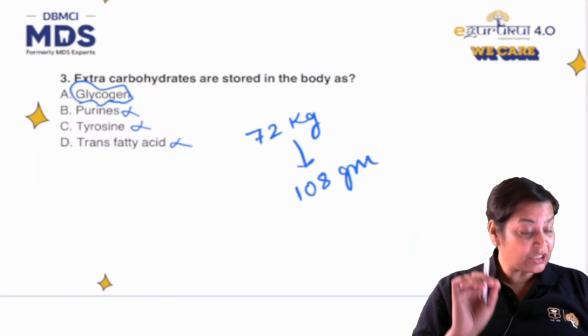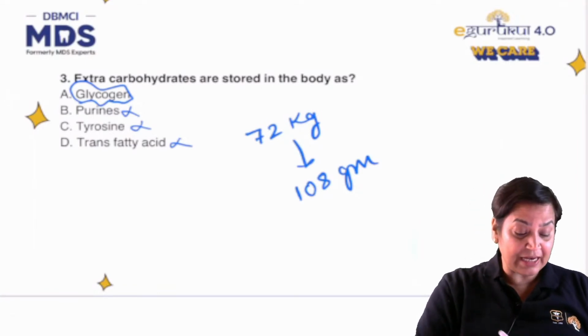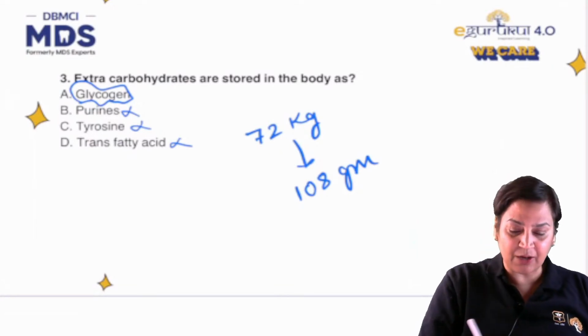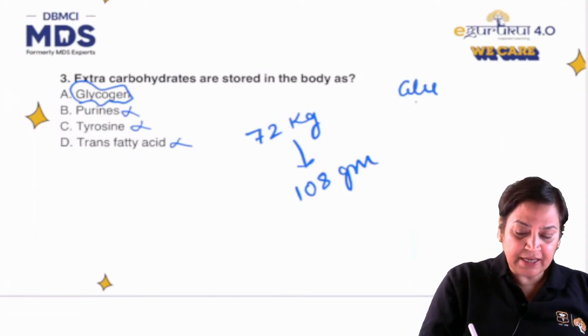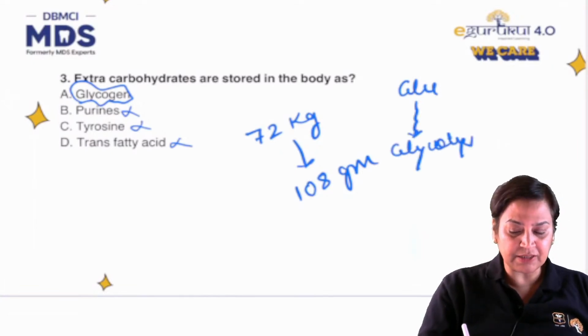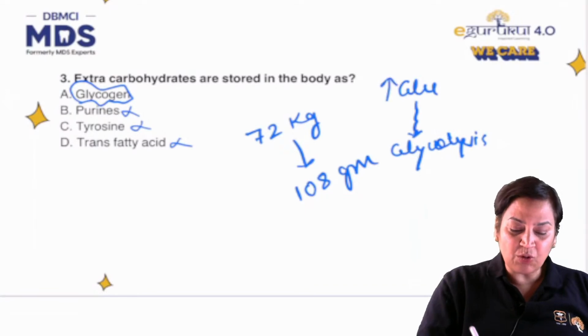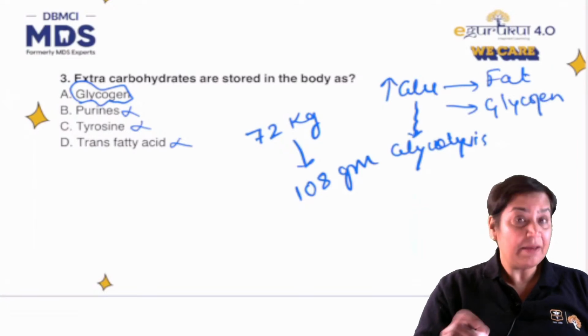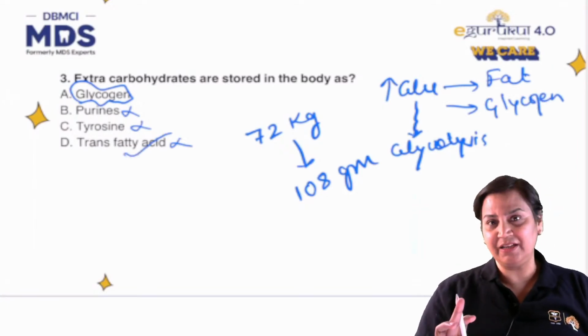Now the students can get confused between glycogen and trans fatty acids also. TFAs, actually what happens is, look, this glucose is being oxidized by glycolysis. Normal process is occurring. Excess glucose is being stored in the form of fat also, and it is stored in the form of glycogen also, but not in the form of trans fatty acids.